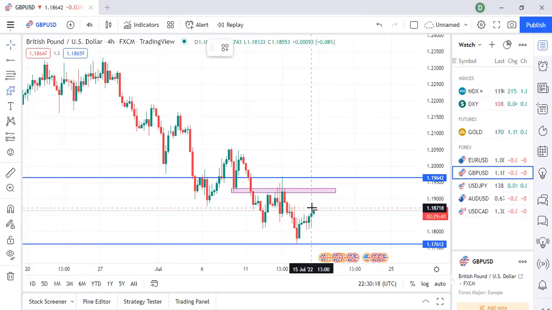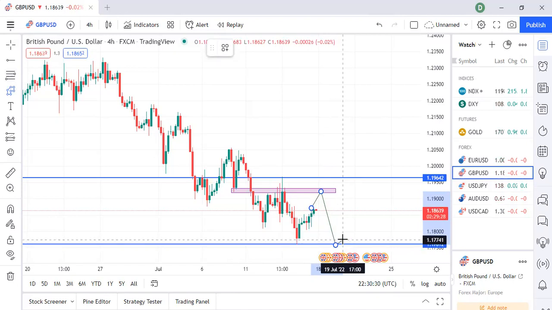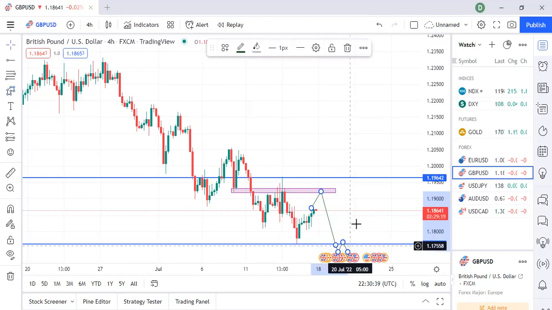So I'll be expecting GU somewhere in this area, and then I'll take a sell from there. As usual, my first take profit will be here. Then after that, I'm expecting a breakout, a retest, and then we push to the downside.